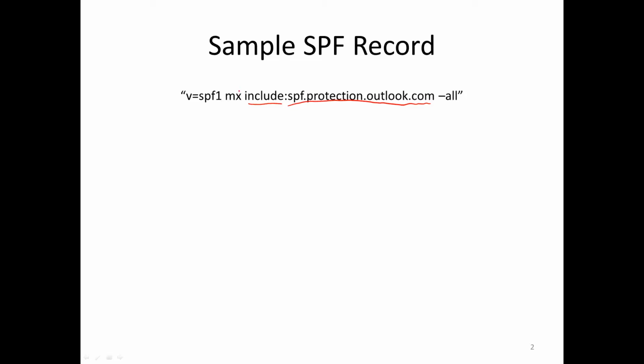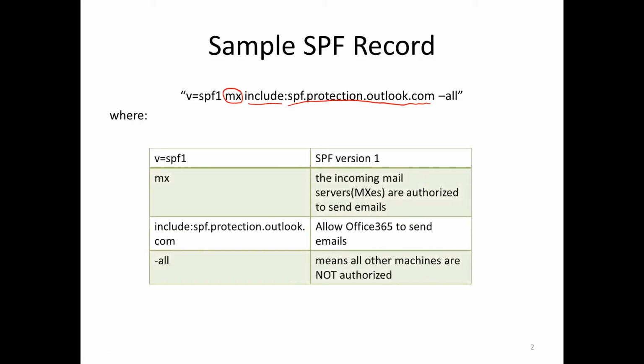It's like saying that allow all the listed IP addresses from the DNS MX record and also include whatever listed under spf.protection.outlook.com. So basically from this include parameter, you are allowing the Office 365 to send an email on behalf of your domain. We do this when we have cloud or hybrid implementation for our messaging system.